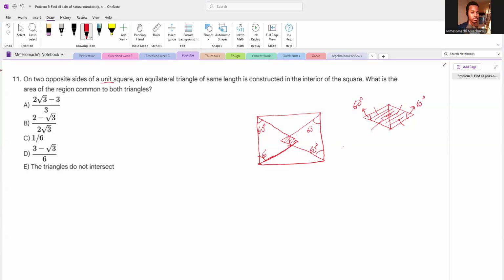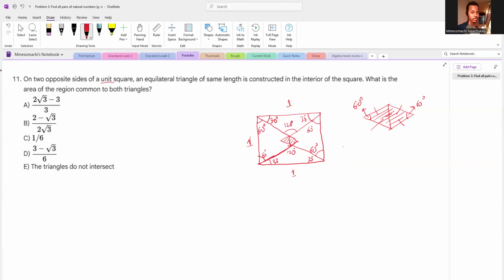So how can we get it? We can do a little bit of a trick. So this is side length of 1. Since this is a square, this is going to be 30 degrees. So the side length of 1, this is 30 degrees, and this angle here is 120 degrees. Note that the 30, 120, 30 triangle is also congruent to this one here, so these two triangles are congruent.